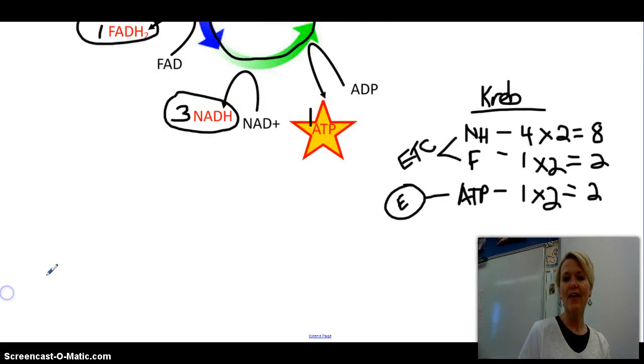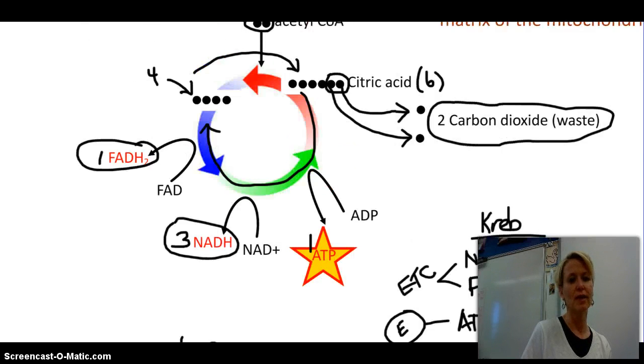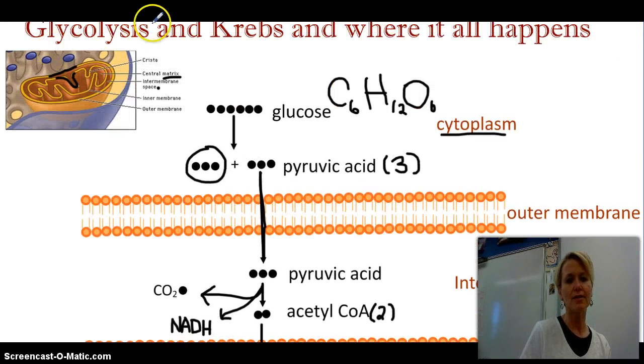But now let's add that up. Before we go to the electron transport chain, we just figured out the Krebs cycle. Let's just double check. What do we make in glycolysis also? So we have all of the tools before we go to the very end of this whole deal. Up in glycolysis, we didn't really talk about this yet in this video, but here we make 2 ATP and 2 NADH.